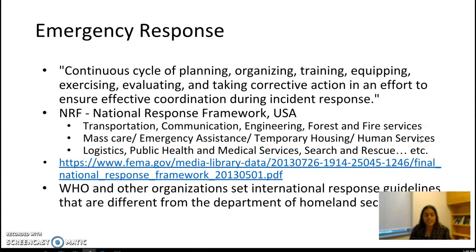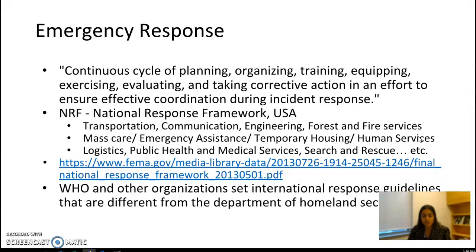So response is defined by FEMA as a continuous cycle of planning, organizing, training, equipping, exercising, evaluating, and taking corrective action in an effort to ensure effective coordination during incident response. There is a National Response Framework, NRF, which is used in the United States, including all kinds of organizations.